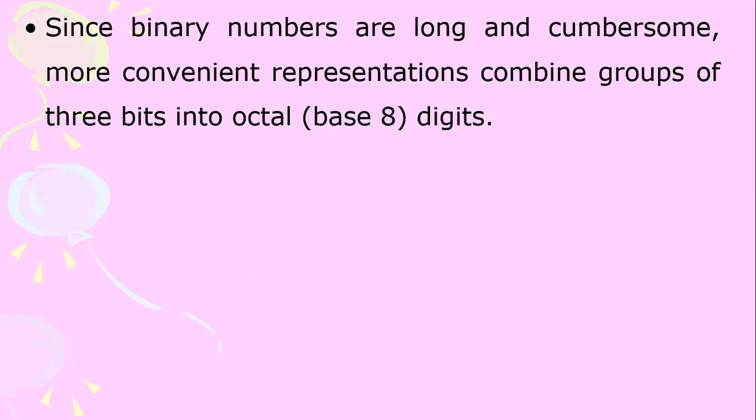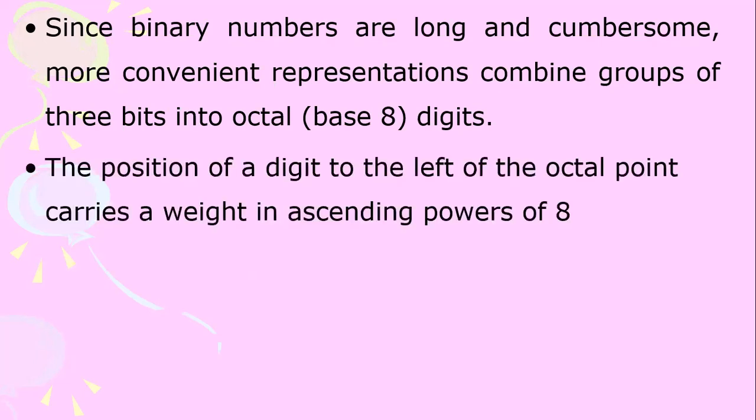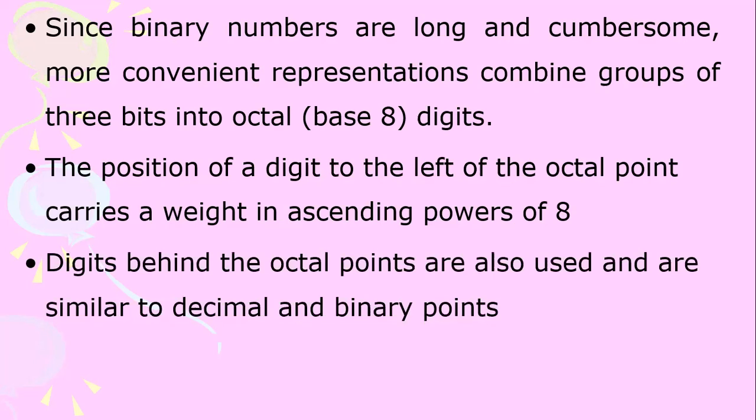Since binary numbers are long and cumbersome, more convenient representations combine groups of 3 bits into octal, that is base 8 digits. The position of a digit to the left of the octal point carries a weight in ascending powers of 8, just as I have already explained. Digits behind the octal point are used similarly to decimal and binary points.